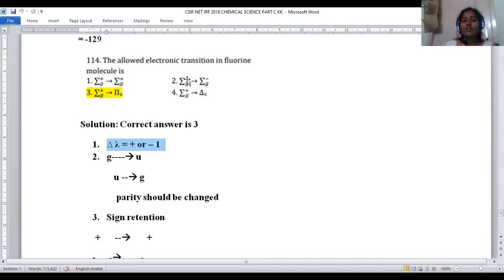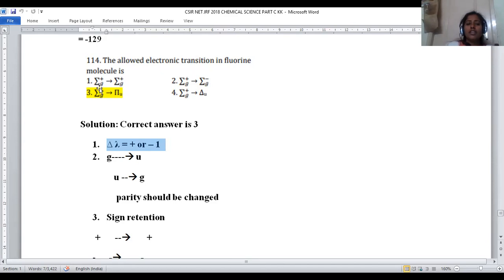Even in the second option, sigma is excited into another sigma state only. So plus or minus 1 is not obeyed. Either it should move on to another level or step down to another lower level. But here sigma is transformed into another sigma only. This type of transition is not at all preferable. Hence, it is also discarded.